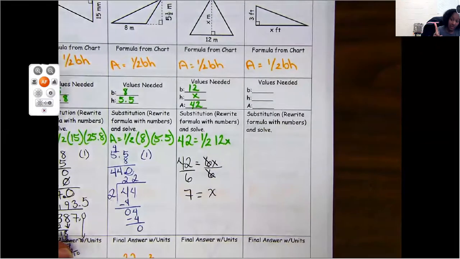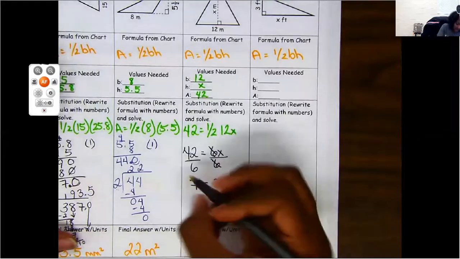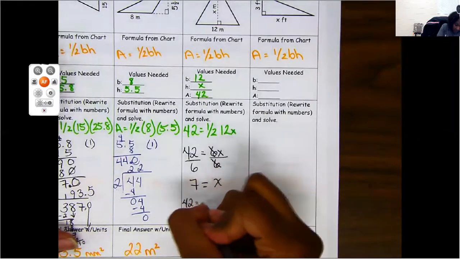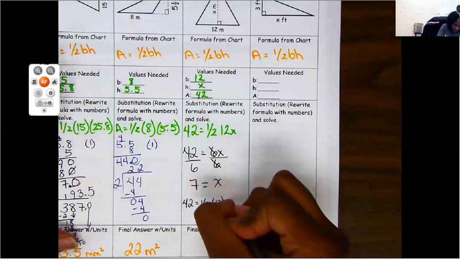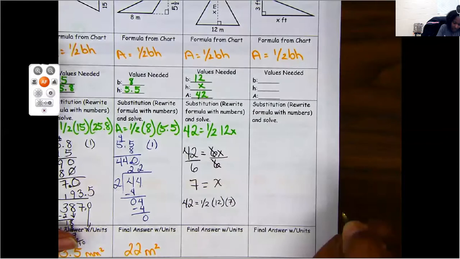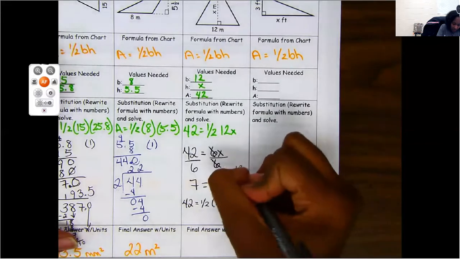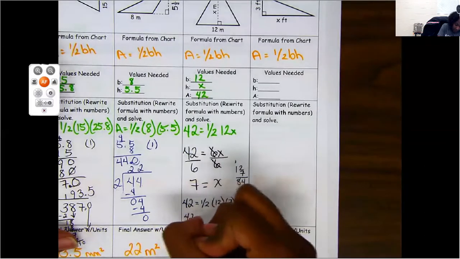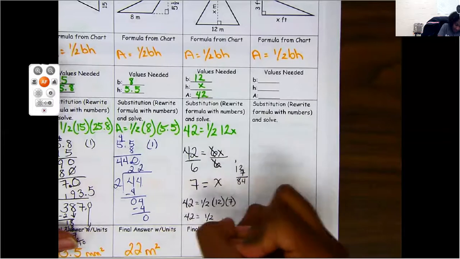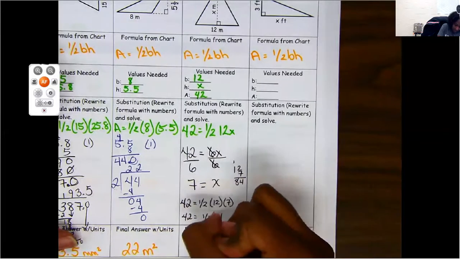But remember, we can check this, right? Let's plug it back in. 42 equals half of 12 times 7. 12 times 7, 14, 7, 8 is 84. 42 half of 84.